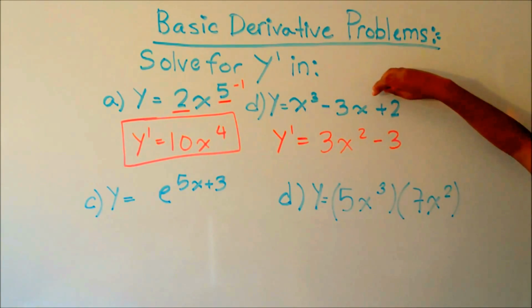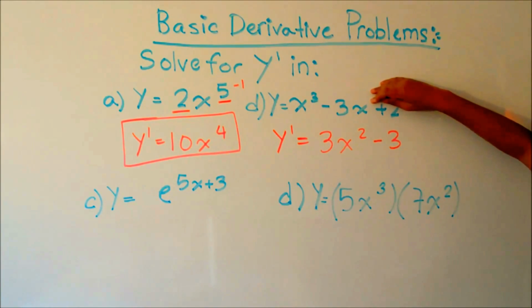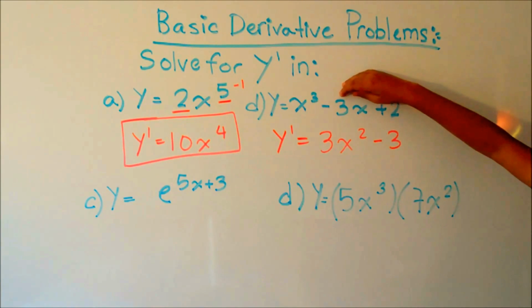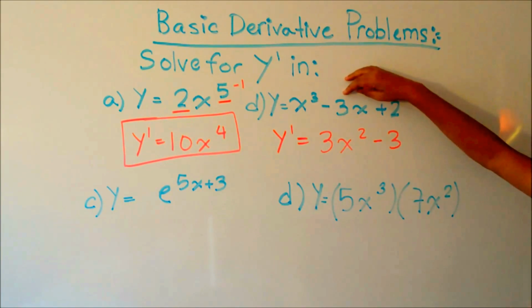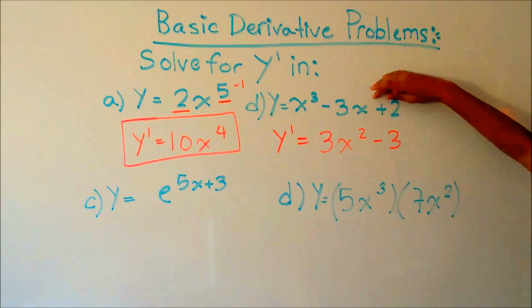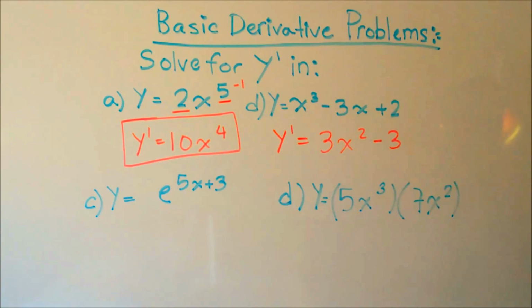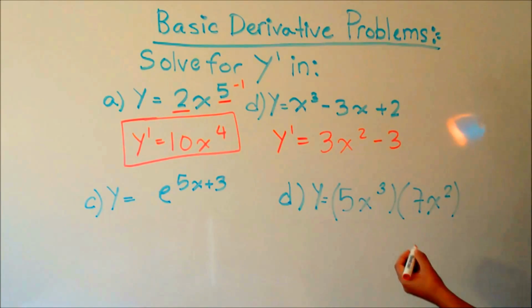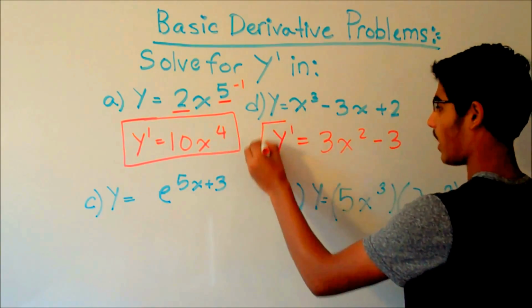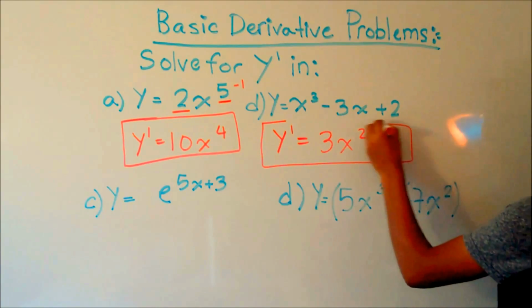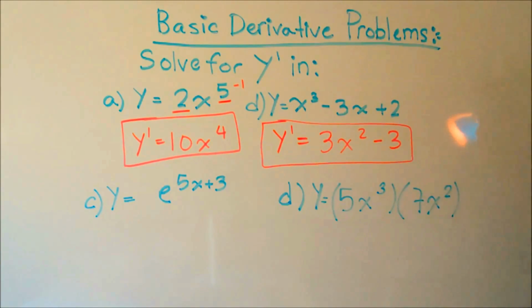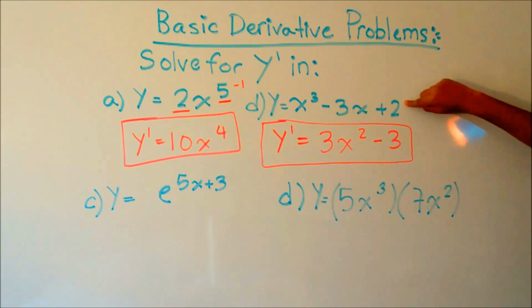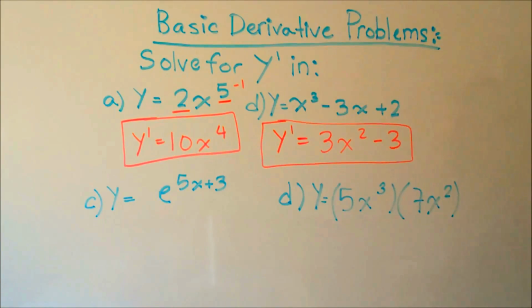The reason is that we have an exponent of 1, it multiplies by negative 3 to stay negative 3, and then the exponent decreases to 0, and we know that anything to the 0 power is 1 except for 0 to the 0 power. So the answer to problem B is y prime is equal to 3x squared minus 3, because we know that a constant value has a derivative of 0.